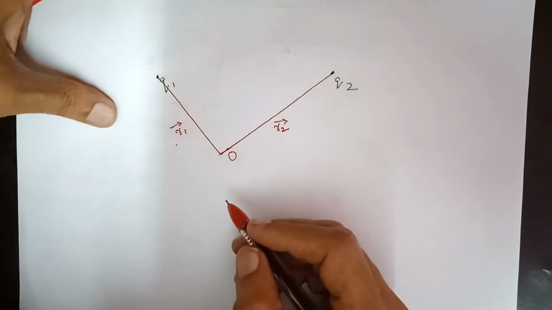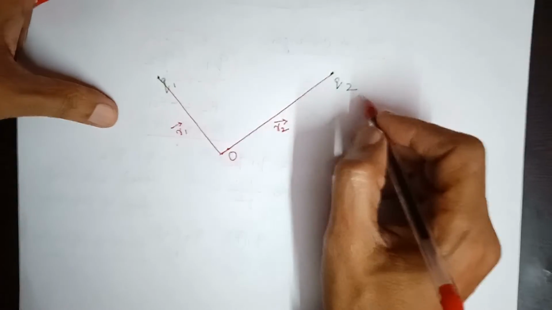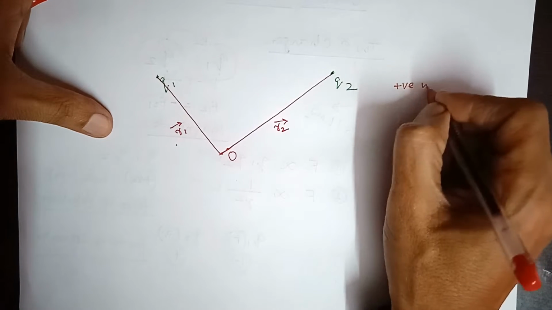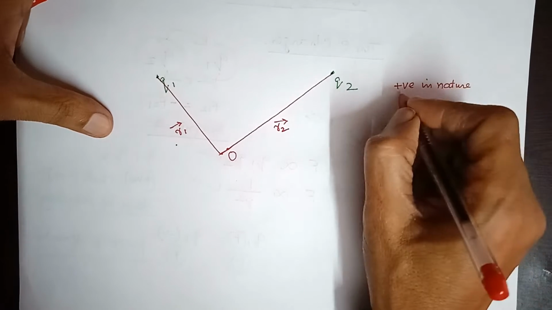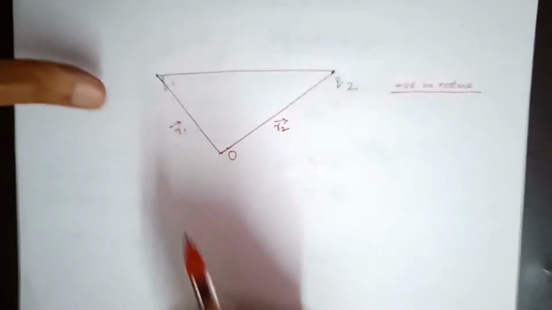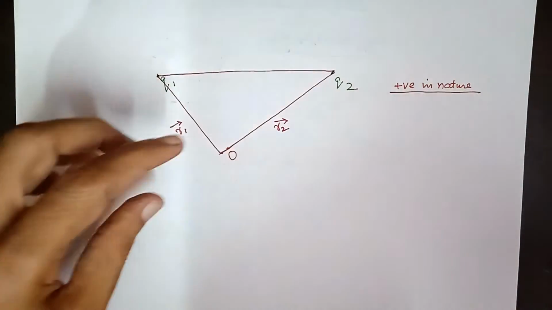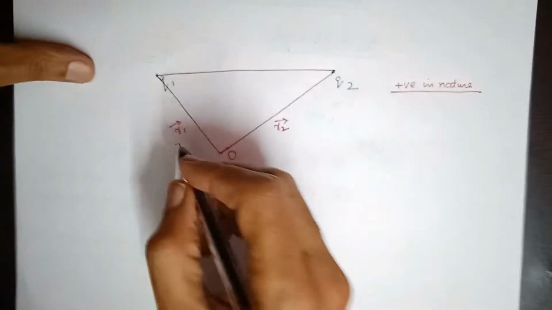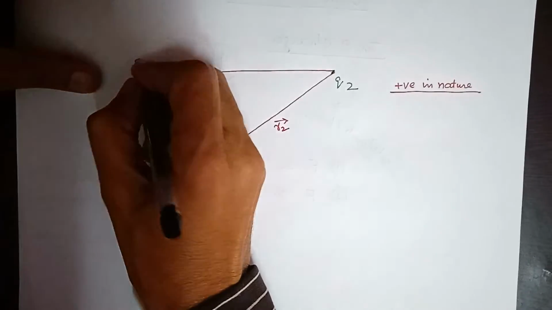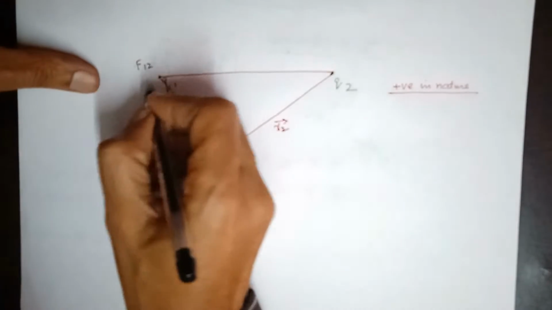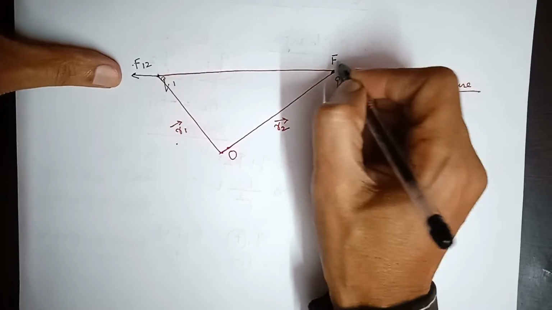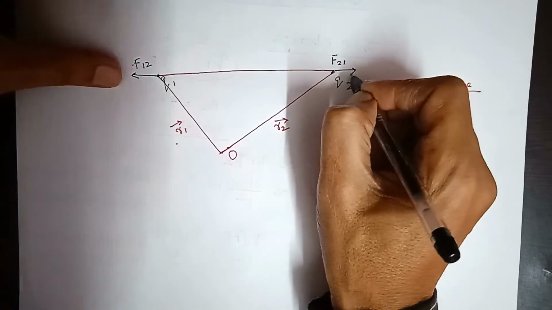Now, if Q1 and Q2 are both positive in nature, then they will repel each other. And if we join them, here it will be F12 in this direction, and here F21 in this direction.